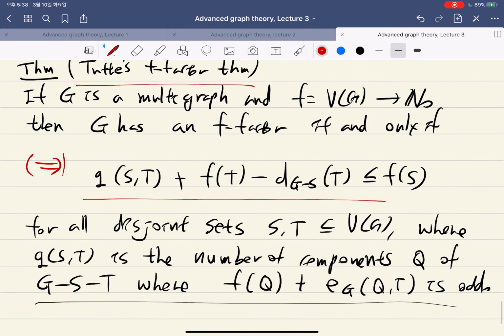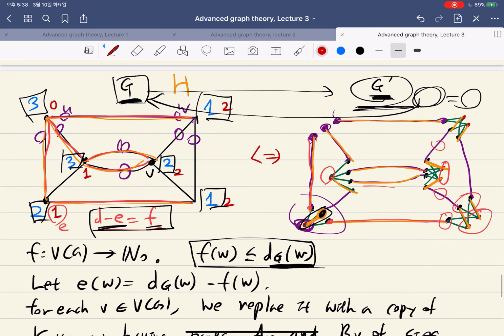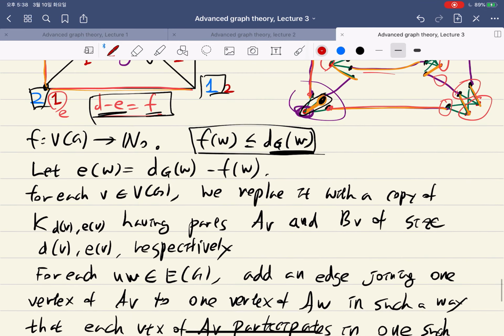And we learned about the f blow-up, where the existence of an f factor in G is equivalent to the existence of a perfect matching in its f blow-up.